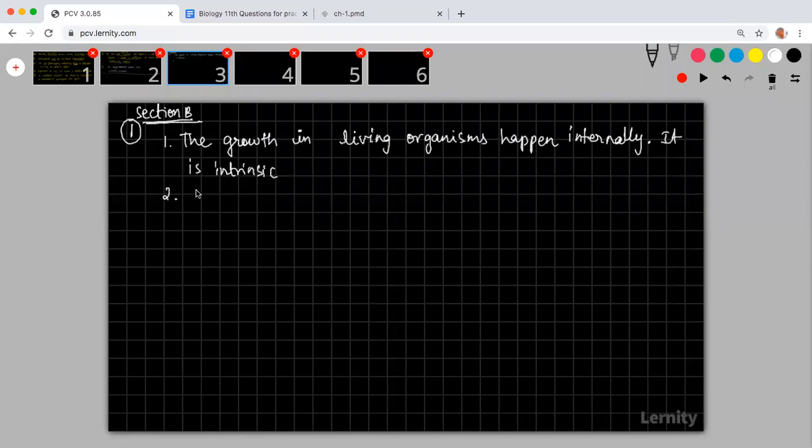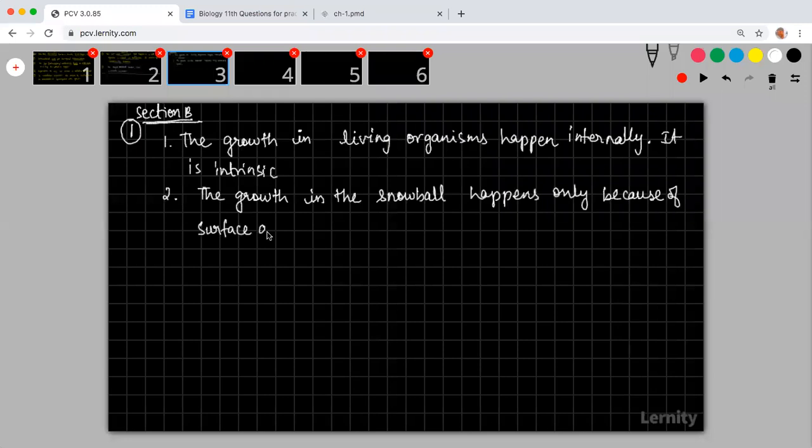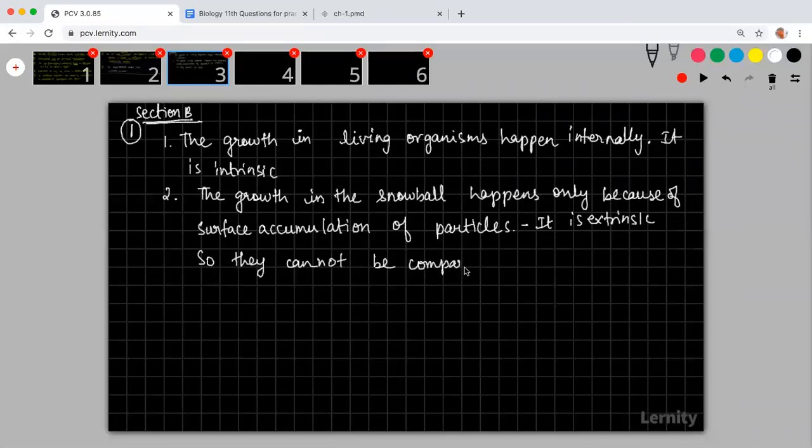The second point, the growth in the snowball happens only because of surface accumulation of particles. So they cannot be compared. You have to write that it is extrinsic. So they cannot be compared. This is the answer for the first question here.